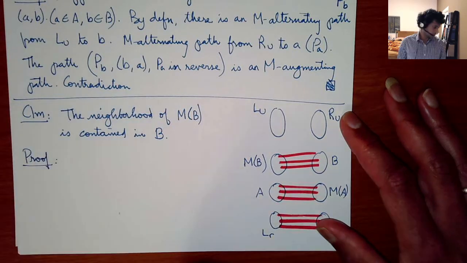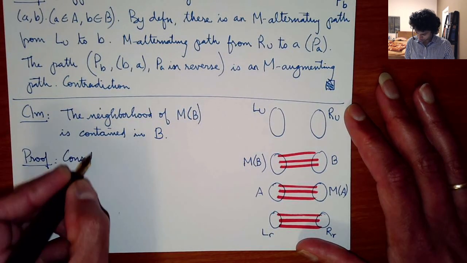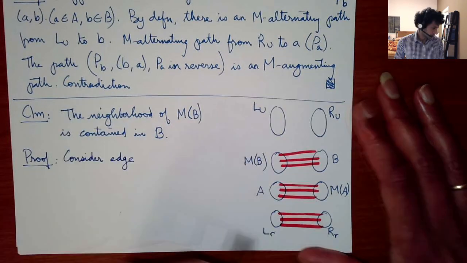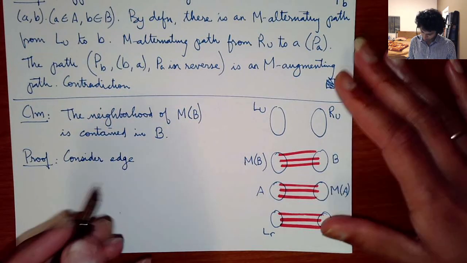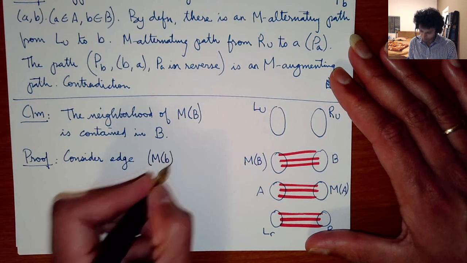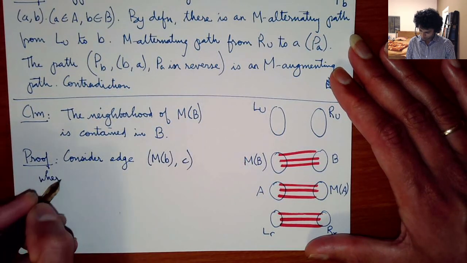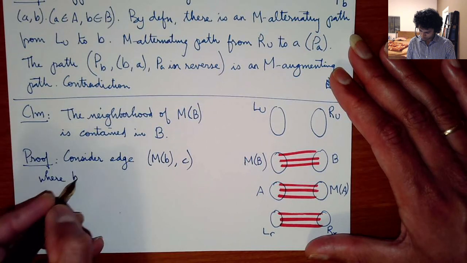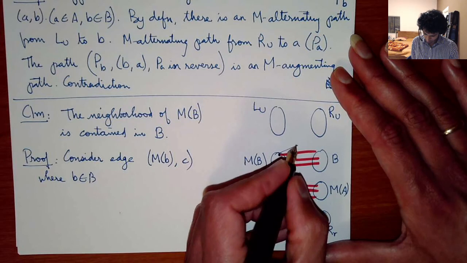There's actually an even more direct proof of this, which is to consider an edge. Let me write it this way. Consider an edge (M of b, c), where b is in B. So I'm looking at some partner, and some neighbor, c.